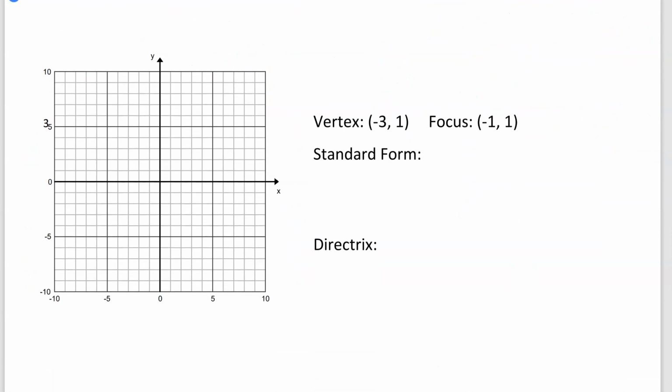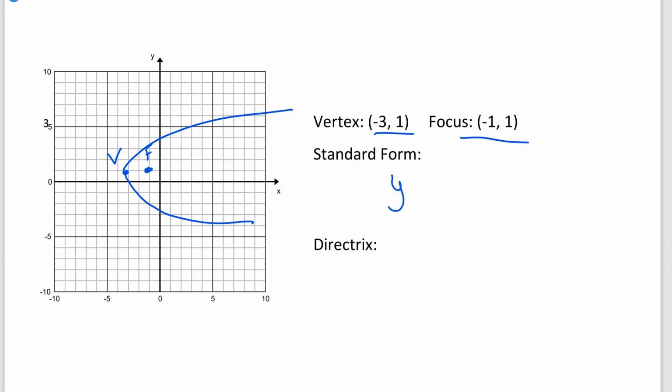All right, last one. Vertex is (-3, 1), and the focus is (-1, 1). That's our focus. If this is the vertex, by looking at this picture, we know we've got to be going sideways, because the focus has to be inside of the parabola.